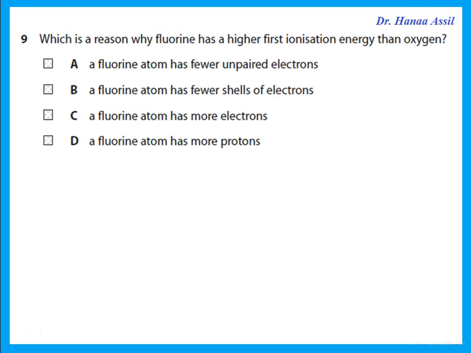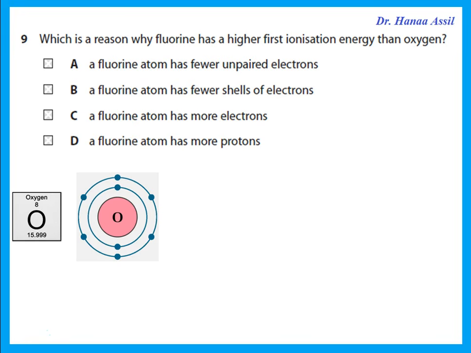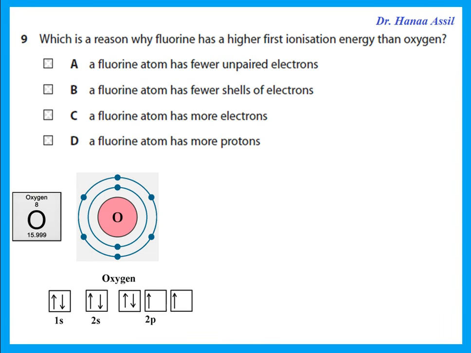Question 9 says, which is a reason why fluorine has higher first ionization energy than oxygen? Well, first ionization energy, we said, is the energy required to remove the outermost electron. Now, oxygen is atomic number 8, so it has 8 electrons, and this is the electron distribution of the 8 electrons: 1s2, 2s2, 2p4, right?